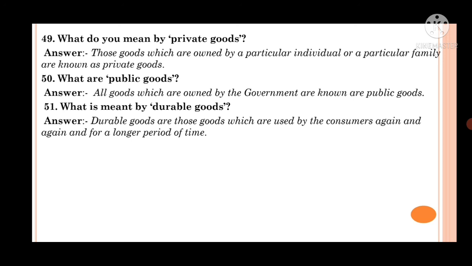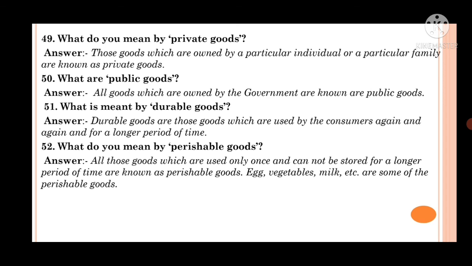Then last question, that is question number 52. What do you mean by perishable goods? Just the opposite of durable goods. All those goods which are used only once and cannot be stored for a longer period of time are known as perishable goods.